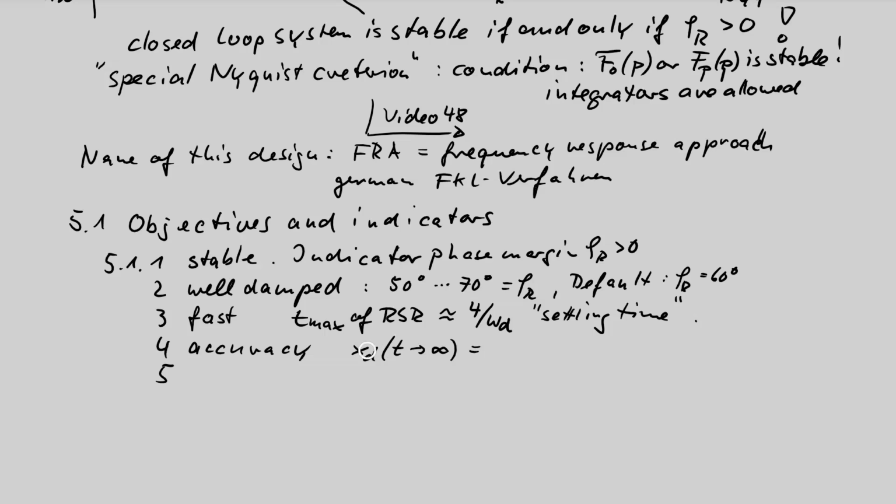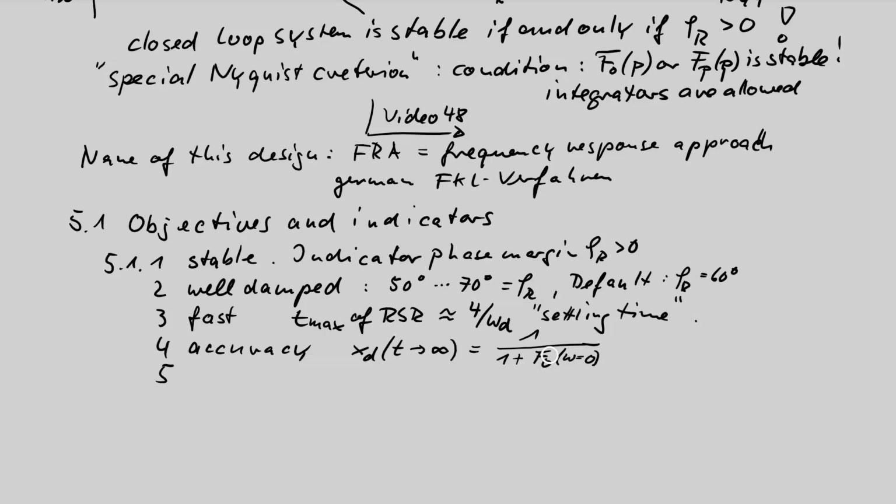There is already an equation, which I will show you in some next chapters: 1 divided by 1 plus the open loop gain at omega 0, the DC gain.